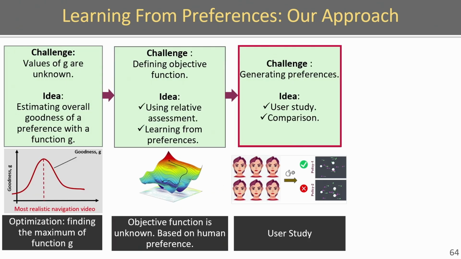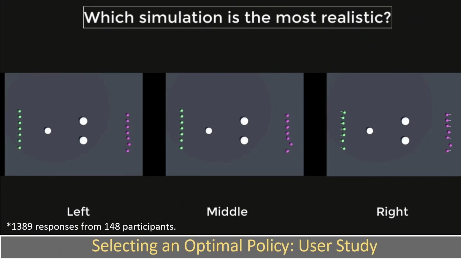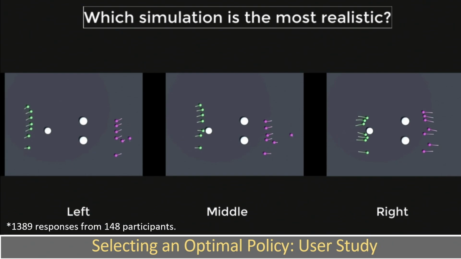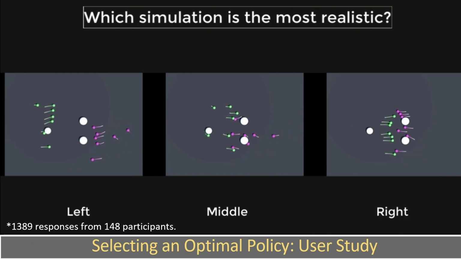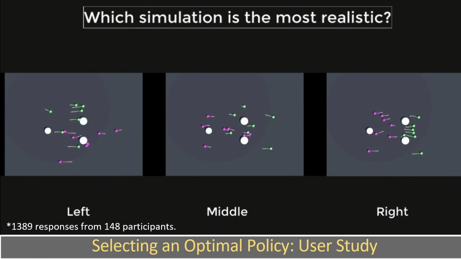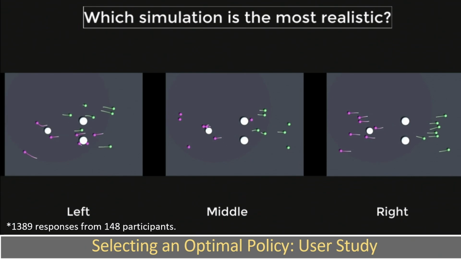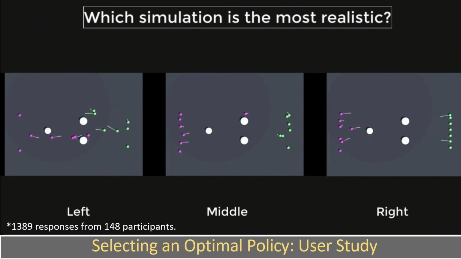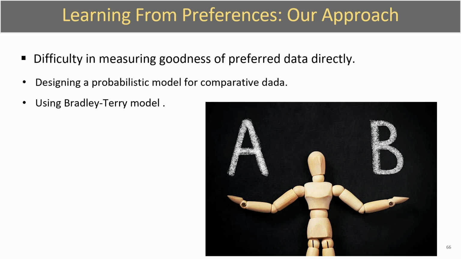To generate such preferences, we conduct a user study where we present multiple simulation videos to the user, where each individual video is prepared using different policies with different combinations of policy parameters, and the user can select the one out of the multiple presented videos which seems most realistic to them.